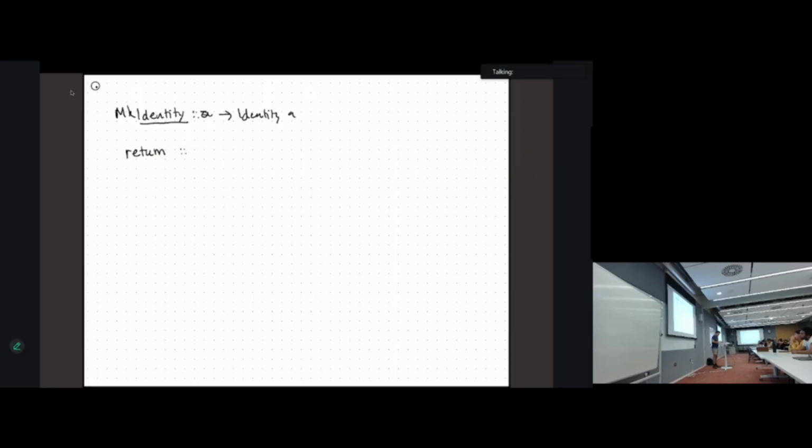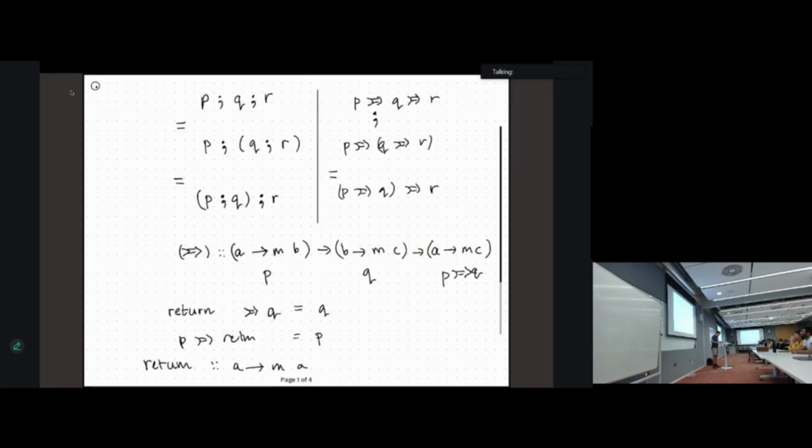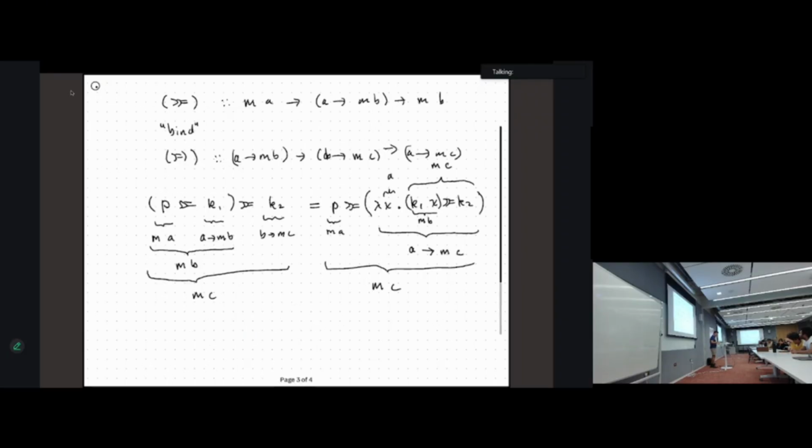So I probably said it too quickly earlier on, but return needs to respect fish properly. So that means that we need return to respect bind properly as well. And it's probably the easiest one to understand, so I should probably just give you the laws for that as well. So we want return to interact with bind in some way.